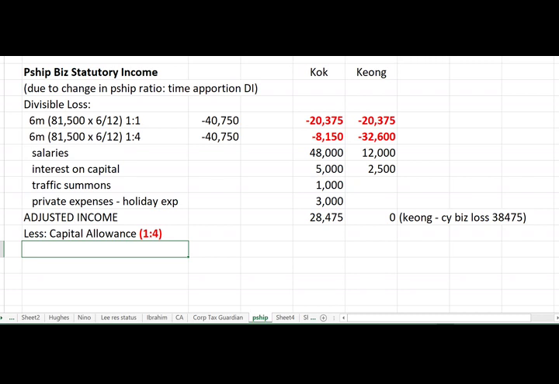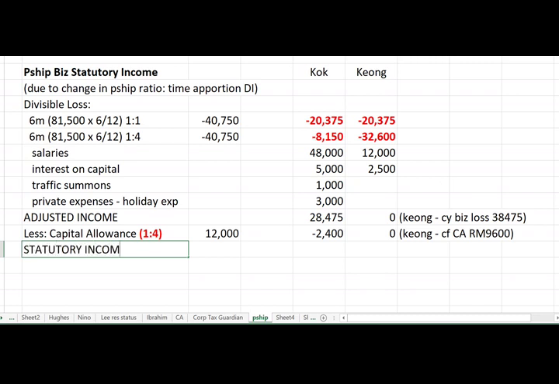Don't time apportion the CA. Okay? Don't time apportion the CA. So the amount is 12,000, right? The CA is given as 12,000. So equals to this figure times 150. Now, sorry, Kyung, you have to carry forward your CA 9,006.